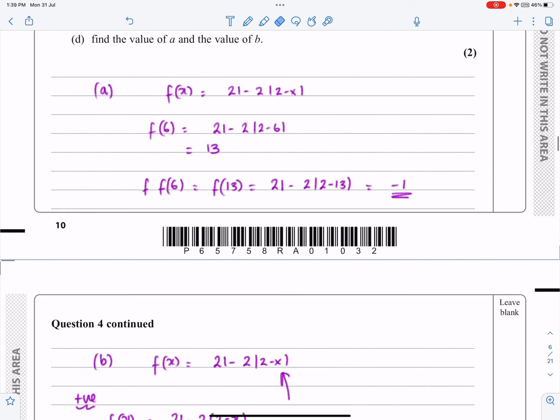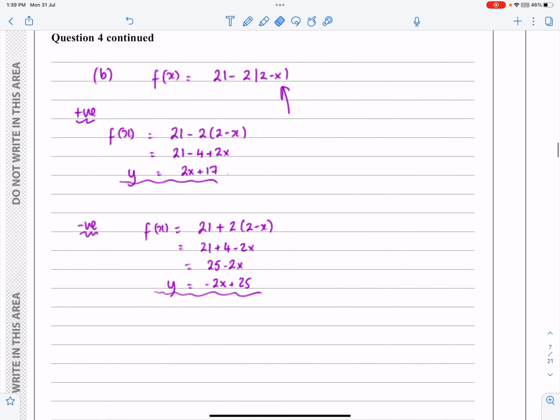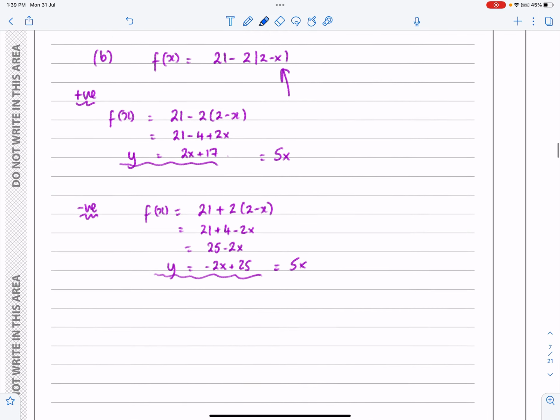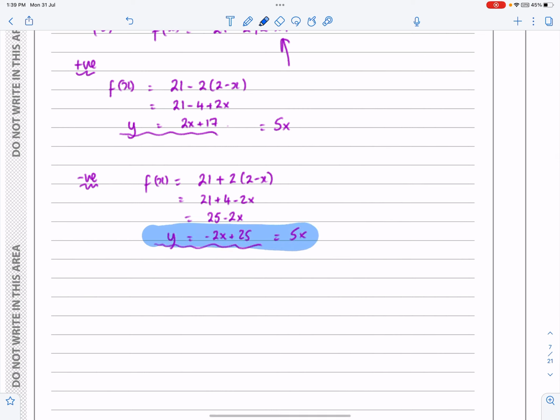That's really helped me now, because I could either solve this one equals 5x or this one equals 5x, but I know from my sketch that I'm looking at where it hits the negative line, so it's this one here that I'm going to solve.